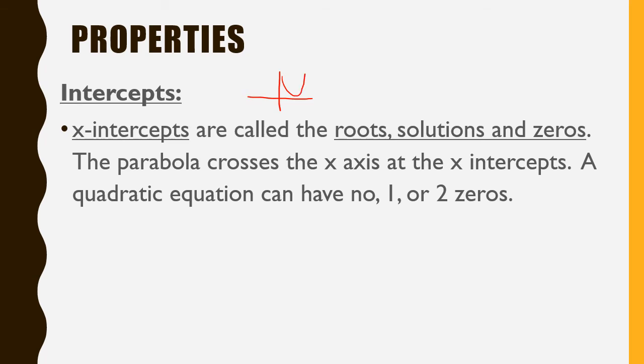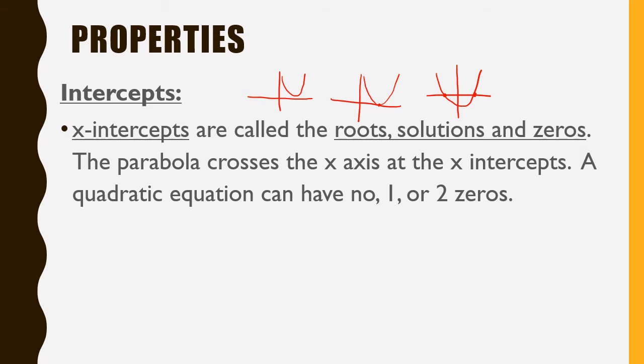This is an example where we have no x-intercepts. It can have just one x-intercept, and this is an example of a parabola that has just one x-intercept. Or it can have two x-intercepts, and this is an example where we have two x-intercepts.